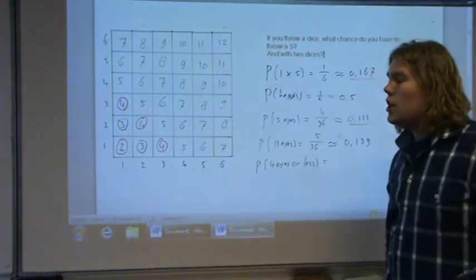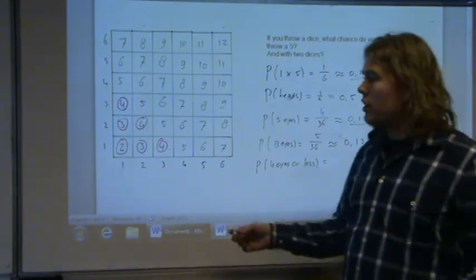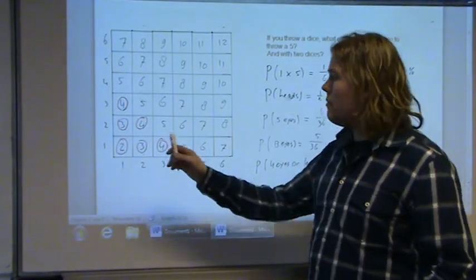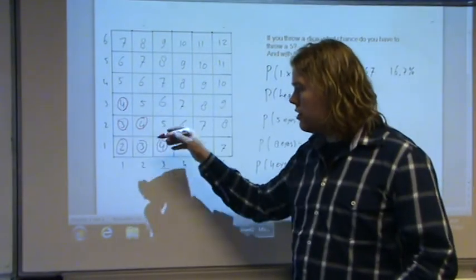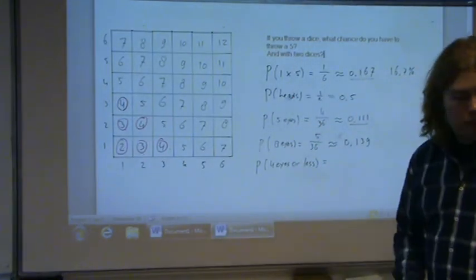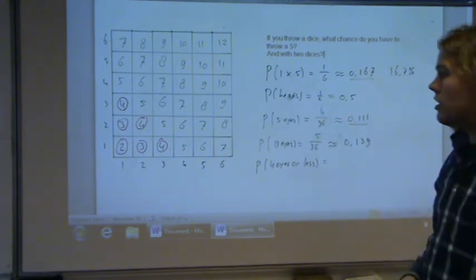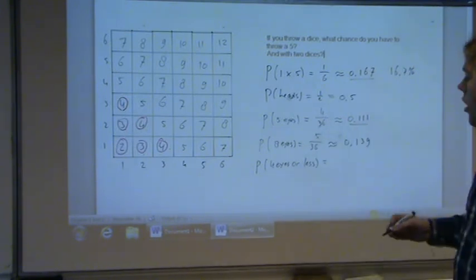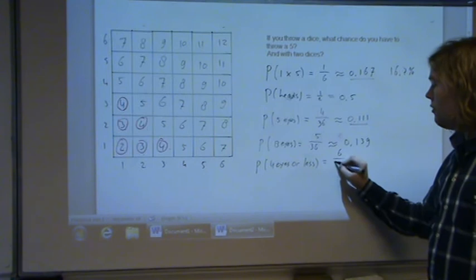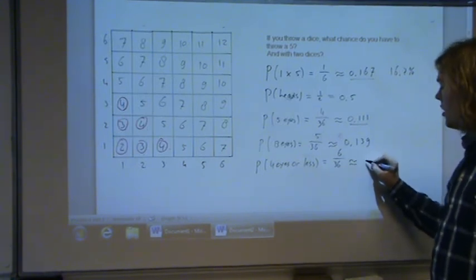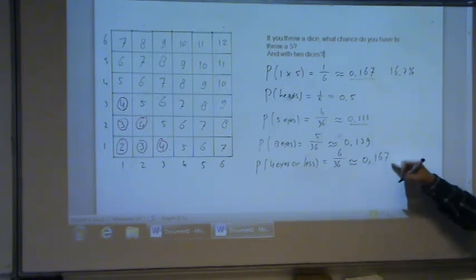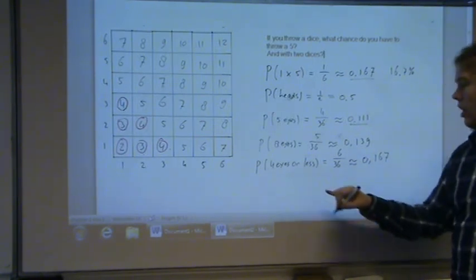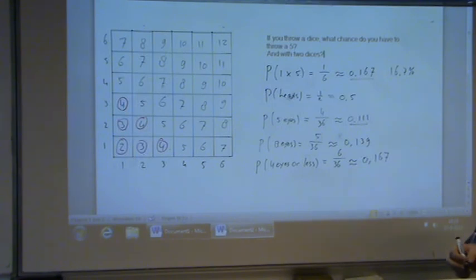And in the next video, I will show an even better way to write things down and make a schedule of your own. But we have this schedule, so it's easy for me to just circle this. It's not the most effective way, but in this case it is. But in the next video I'll show you other ways. So we have 6 out of 36, and this is 0.167. So this is the probability that you throw 4 eyes or less with 2 dice.